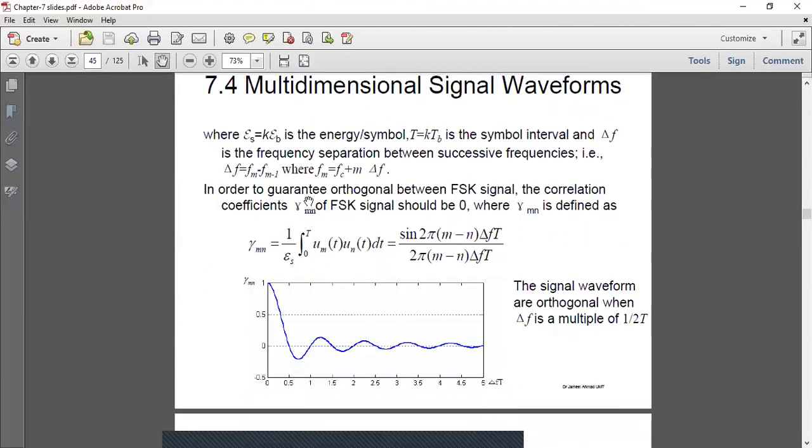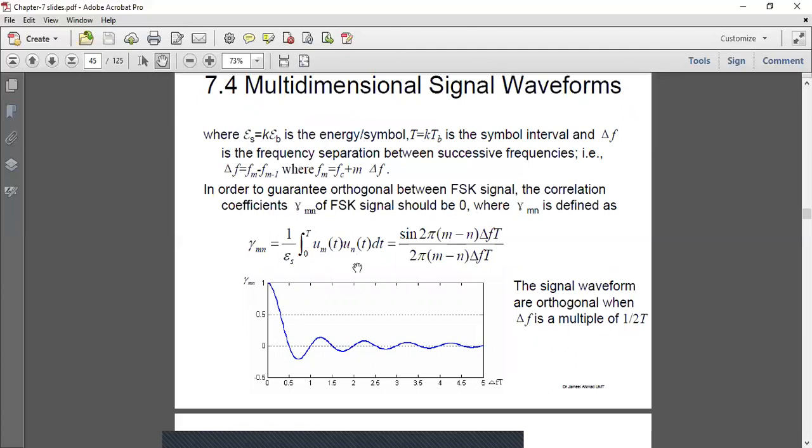In order to guarantee orthogonality between FSK signals, the correlation coefficient of the FSK signals should be 0. This is the correlation signal. The correlation between any two band pass signals Um and Un should be 0 at some point.